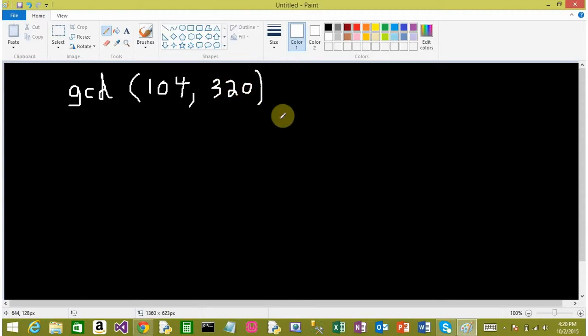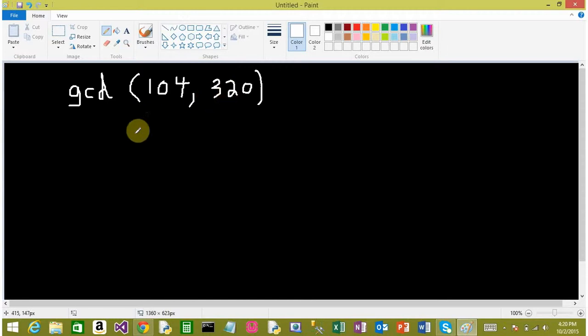So we have 104 and 320. If you need a calculator, that's okay, unless in your class you can't use a calculator, then you'll have to do it by hand. But you can also do it by hand.